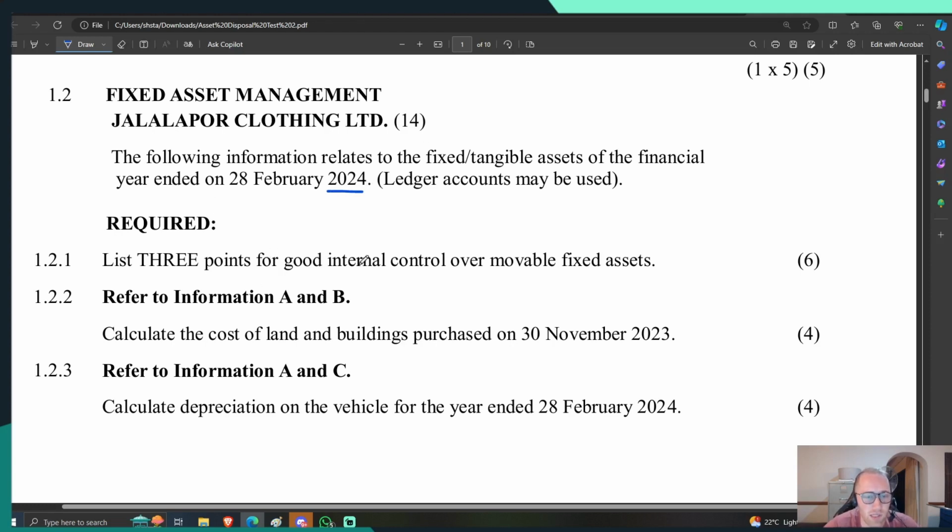List 3 points for good internal control over movable assets. You could use just logical answers here. Things like have someone who can oversee the sign out of the movable assets, security measures, that kind of thing.